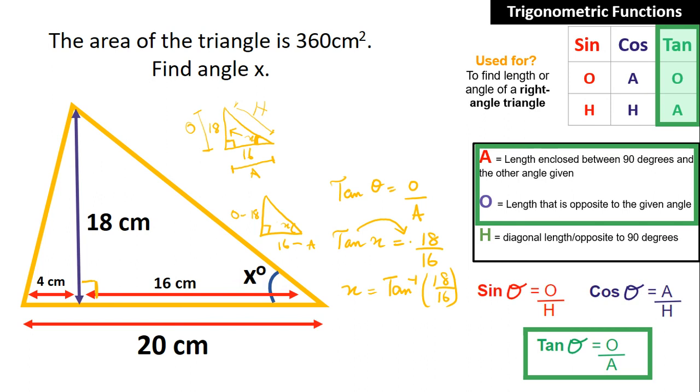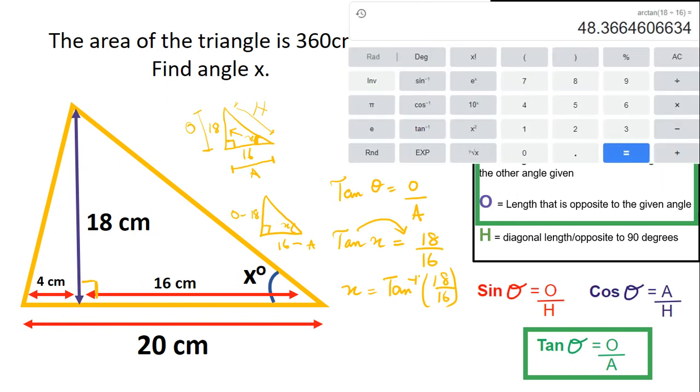When tan goes to the other side, or perhaps sine, cos, anything goes to the other side, they turn into sine, cos, or tan minus 1. That is the inverse. Now, if you put that on your calculator, first thing, make sure your calculator is set on degrees. Secondly, you're going to click this INV, that is inverse. Once you click that, you have sine minus 1, cos minus 1, tan minus 1, and I'm going to be selecting my tan minus 1.